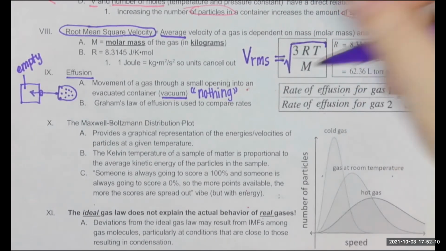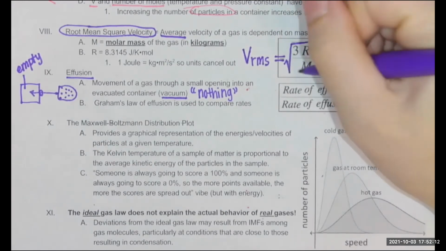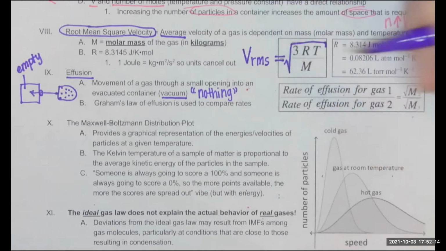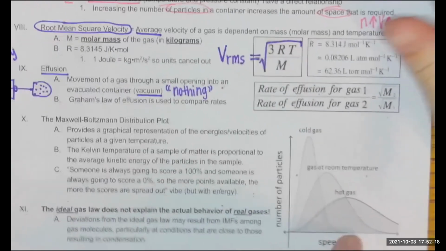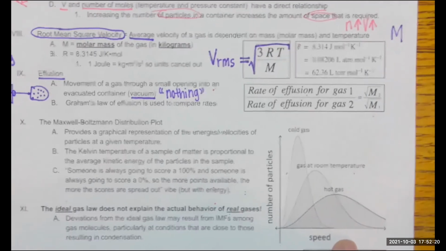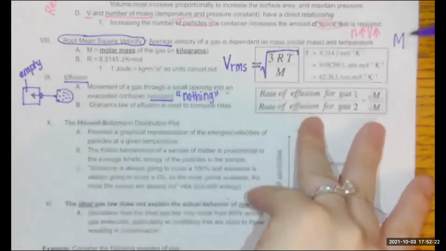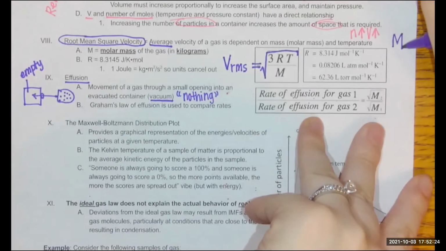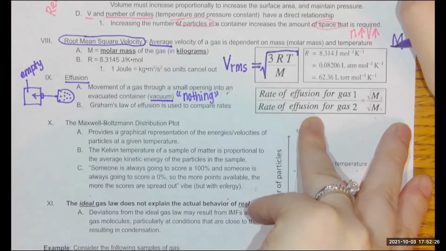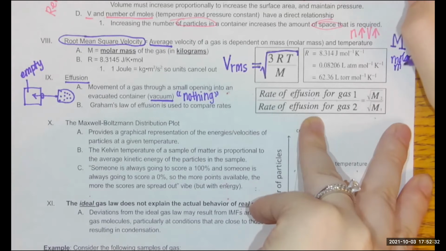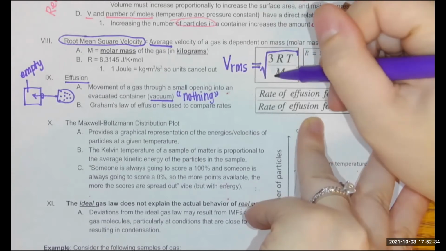This is M, but it's the M for molar mass. When I draw it handwritten, instead of having just M, it looks like all the other M's that we have in chemistry, like molarity. So I put these little things on the bottom so that I know that this is the M for molar mass.